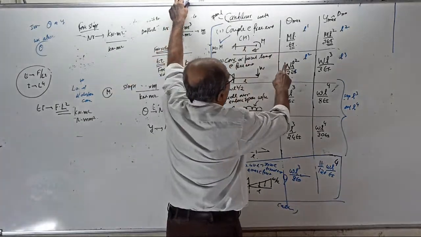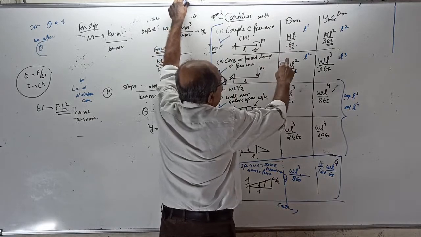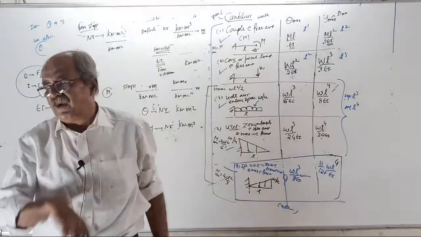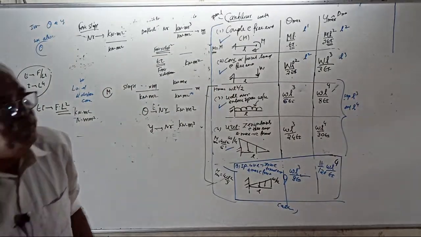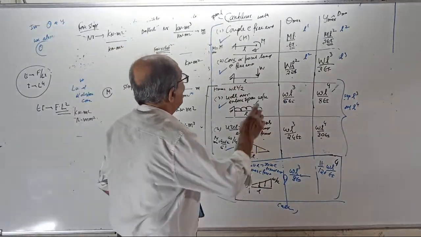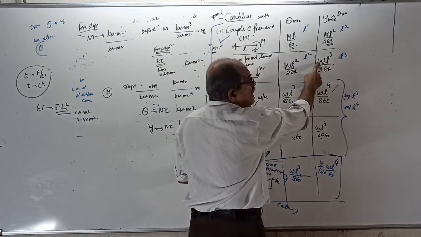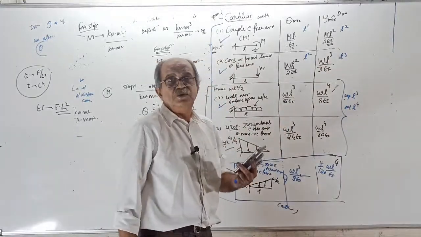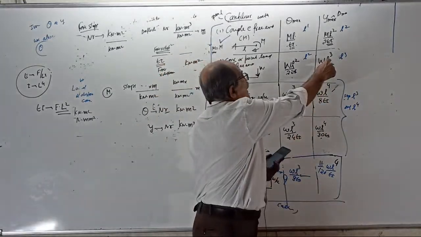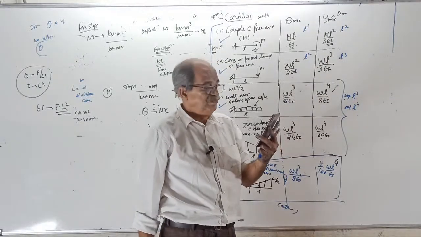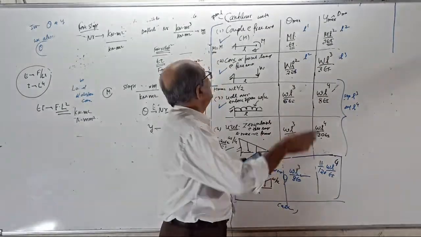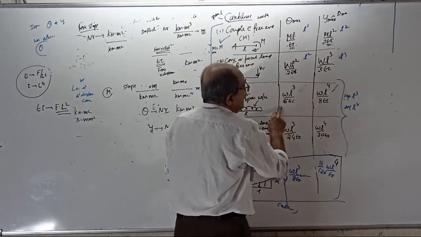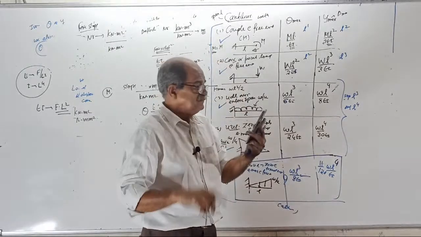To make kilonewton meter square from kilonewton, for slope you need L power 2. For deflection, to get kilonewton meter cube, you require L power 3. But don't remember it this way, that's the crude method.